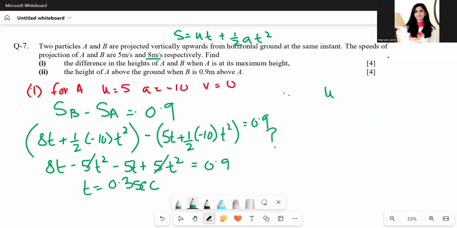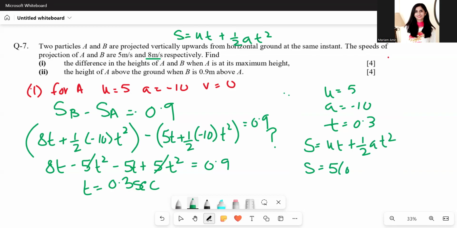We have U is equal to 5, A is equal to minus 10, and T is equal to 0.3. So we can use S is equal to UT plus half AT square. So S is equal to 5 times 0.3 plus half times minus 10 times 0.3 square, which gives 1.05 meters, which is the final answer.